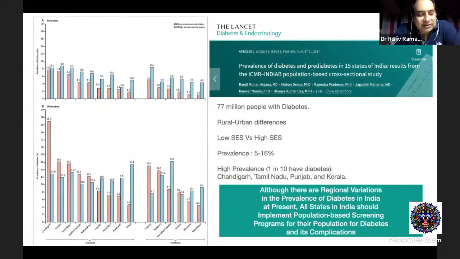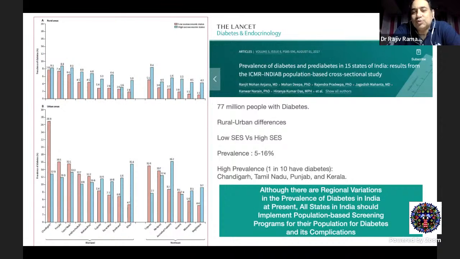If we look at the largest data on prevalence of diabetes across 15 states in India, this was an INDIAB study, the INDIAB ICMR supported study, where they found that we have nearly 77 million people with diabetes. And this study also demonstrated that there is a rural-urban difference. There is difference as far as low socioeconomic and high socioeconomic status is concerned.